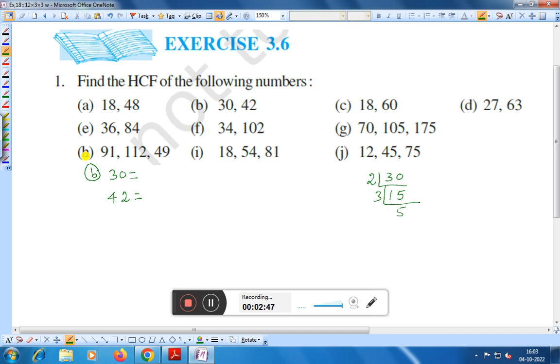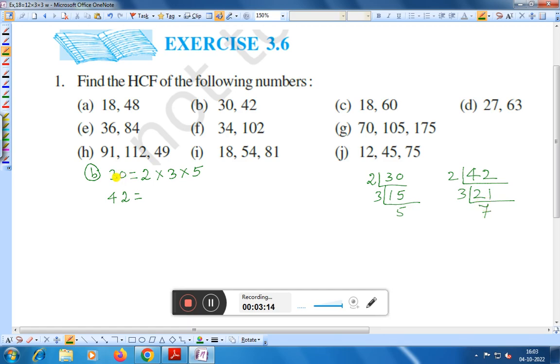Therefore, you are getting 2 into 3 into 5. And 42 can be written as 42 by 2 is 21, and 21 by 3 is 7.